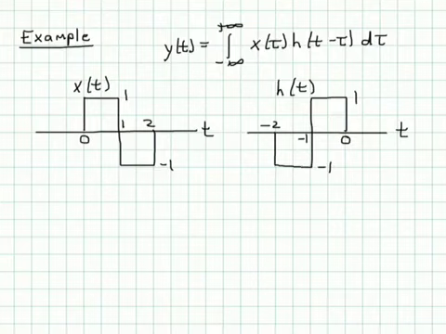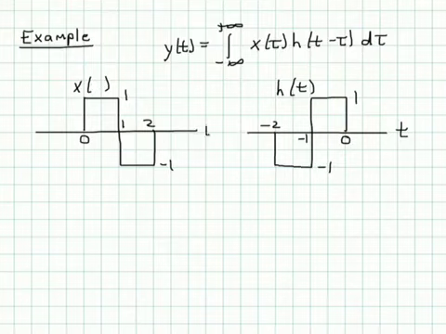Okay, so in order to implement the convolution integral here, we have to be able to sketch these functions as a function of tau. So we need x of tau and we need h of tau first. And we can easily get those. We basically have the sketches already. All we have to do is replace t in these sketches by tau.